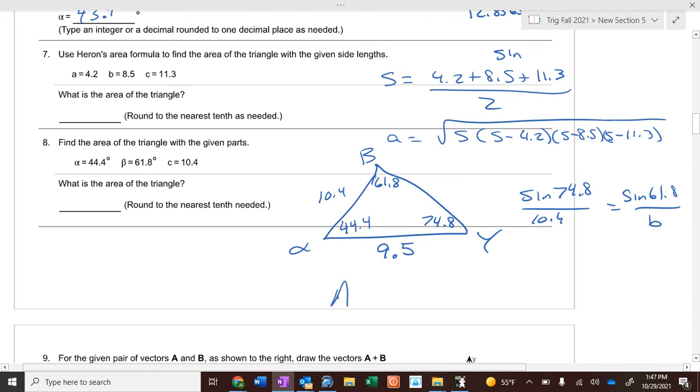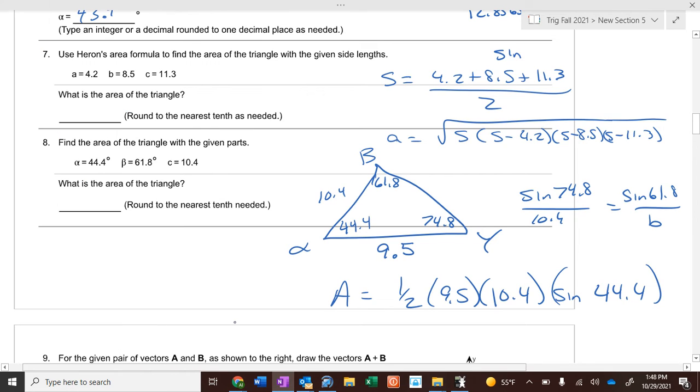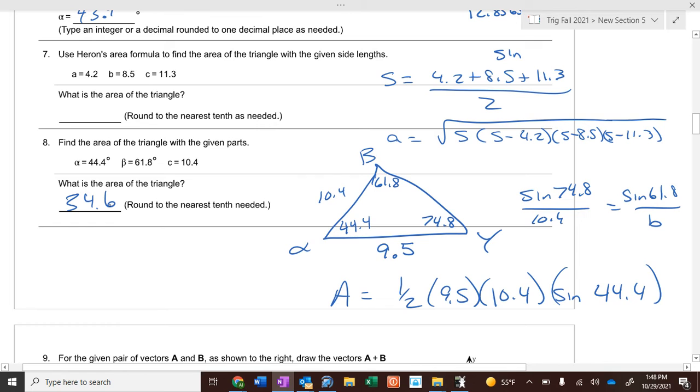And then for side, angle, side, the area is 1/2 times 9.5 times 10.4 times the sine of 44.4. So it's 35.6? Was it 35.6? 34.6 for the area.